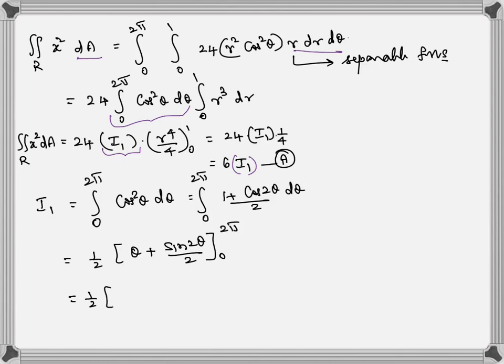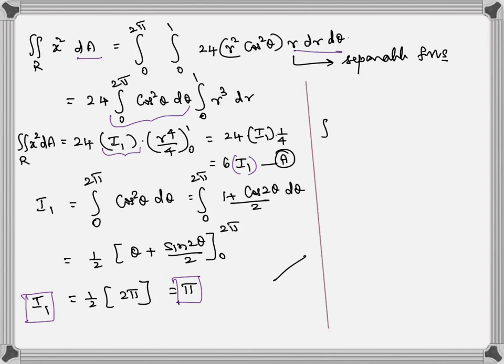Which is half of 2 pi, the rest becomes 0, it's equal to pi. Substituting back into step A, the double integral over R of x squared dA would be equal to 6 I1, which is 6 times pi.